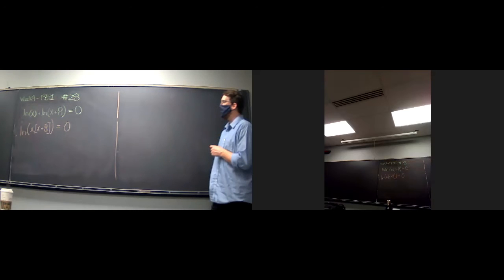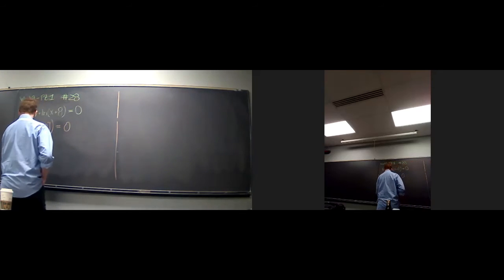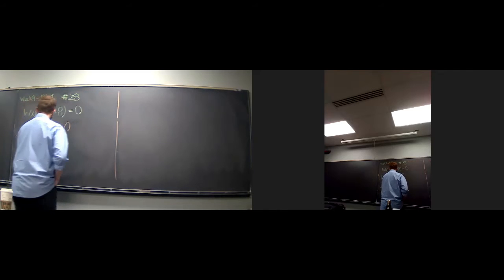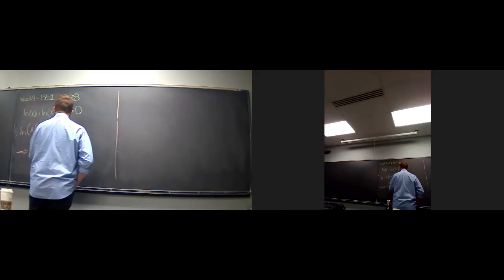Raise e to both sides. That's going to give us e raised to the ln of x times x plus 8 equal to e raised to the 0.